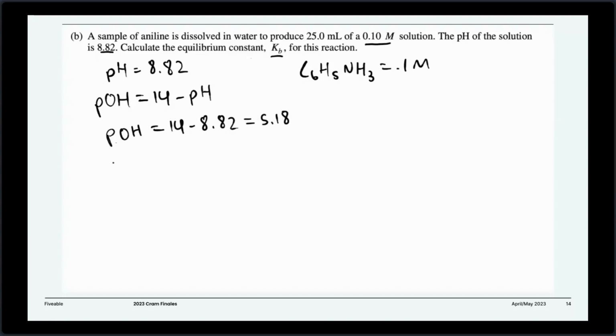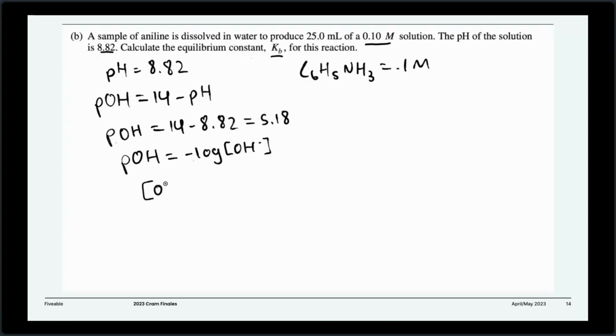Now what are we supposed to do? If we remember our equations from Unit 8, we know that pOH is equal to the negative log of the concentration of OH minus. So to find the concentration of OH minus, we move the negative and do the inverse of log, which is a power of 10.